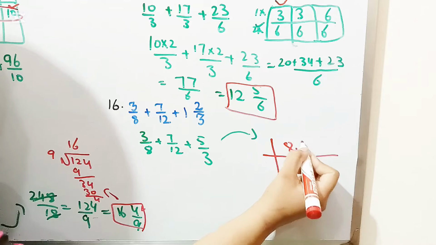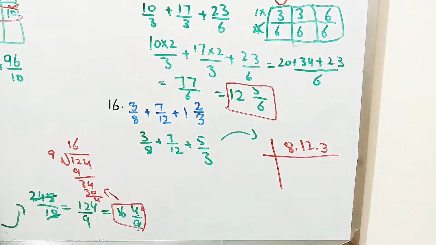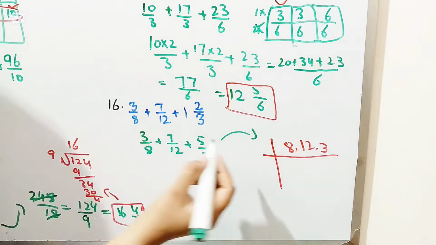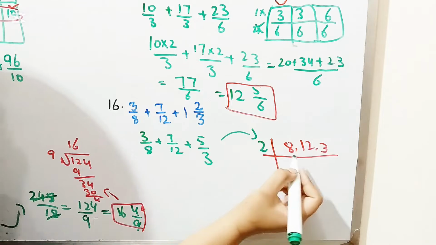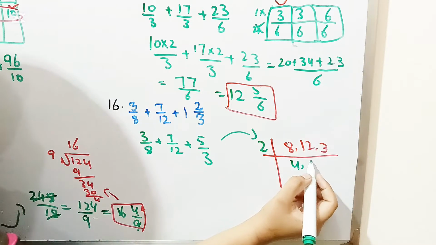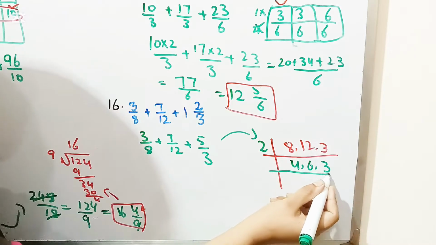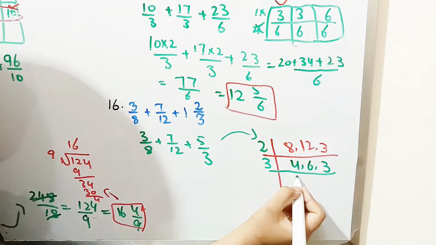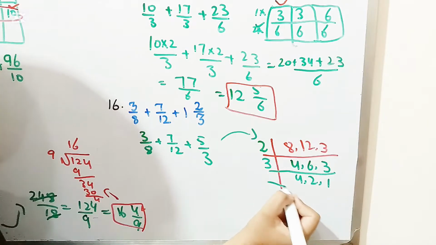8, 12, 3. Firstly we take a lower number, 2. 2 4s are 8, 2 6s are 12, 3. Then we take 3, write 4 as it is, 3 2s are 6, 3 1s are 3.